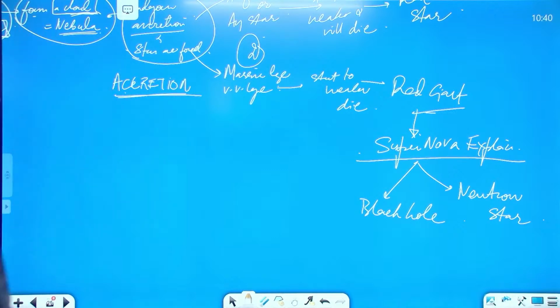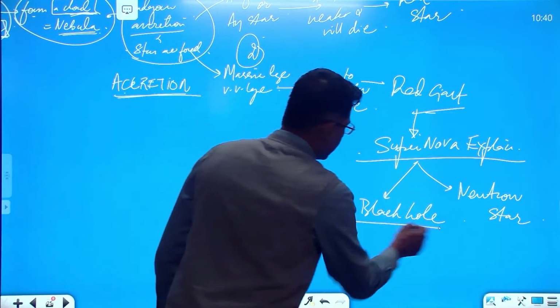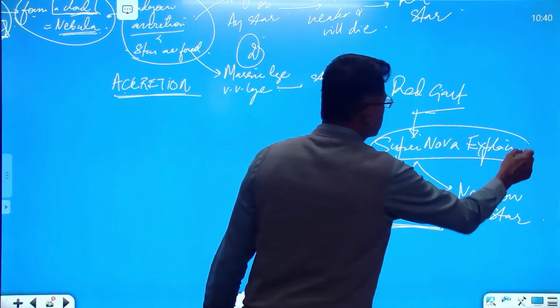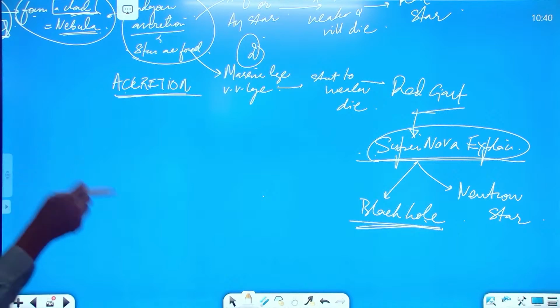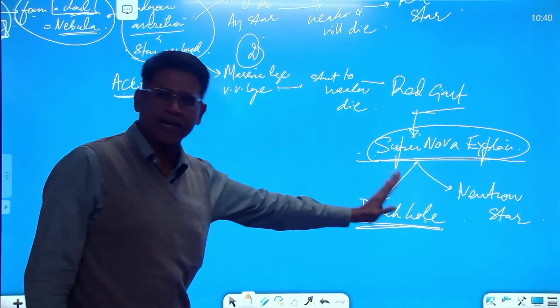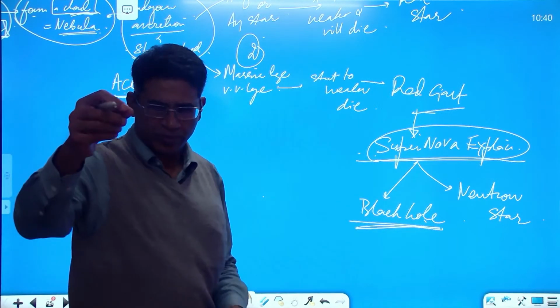So what is a black hole? That is our concern, and I'll talk about this a bit more subsequently. A black hole essentially is a dead star. Write 3-4 points.